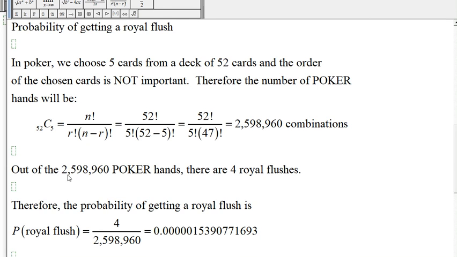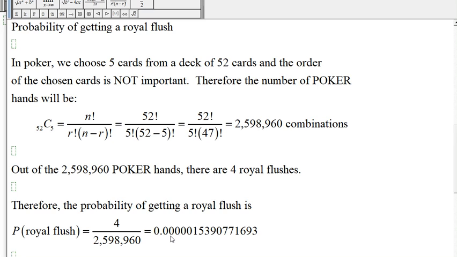So out of the 2,598,960 poker hands, there are 4 royal flushes. And therefore the probability of getting a royal flush would be 4 divided by 2,598,960, which is 0.00000153.